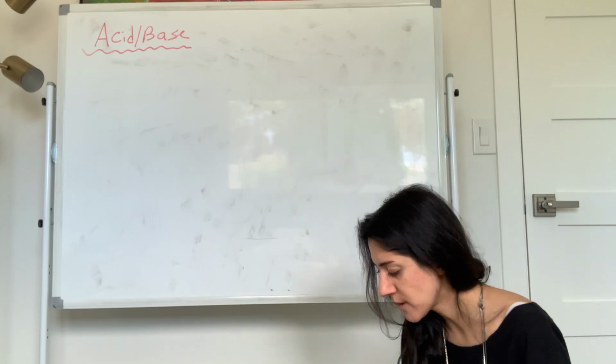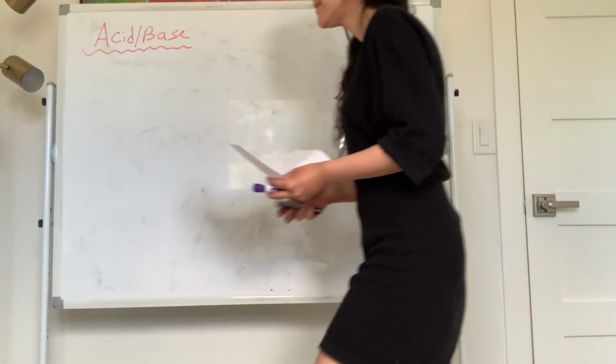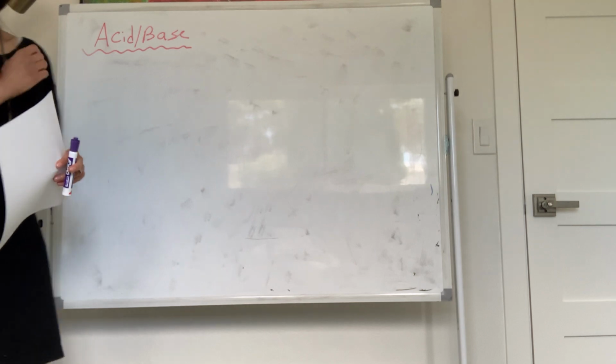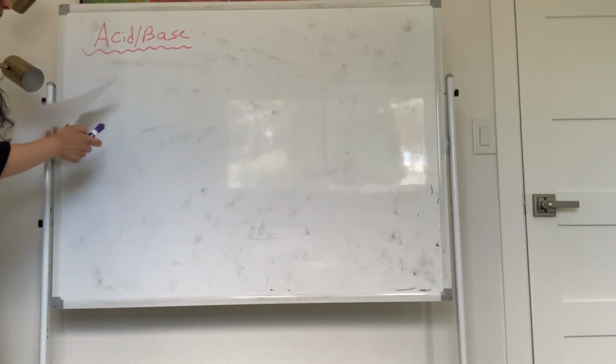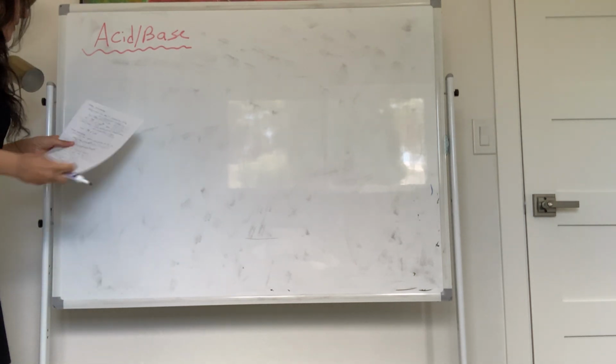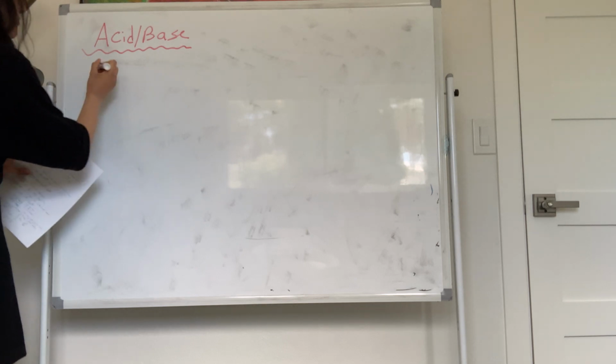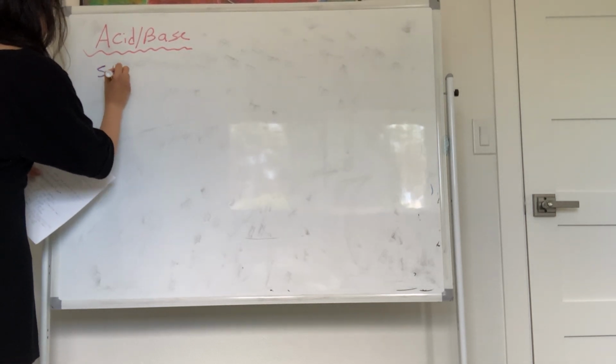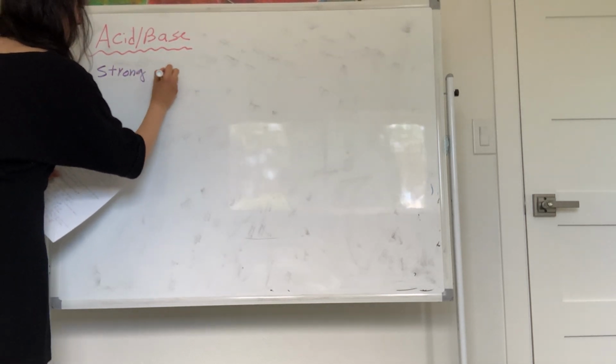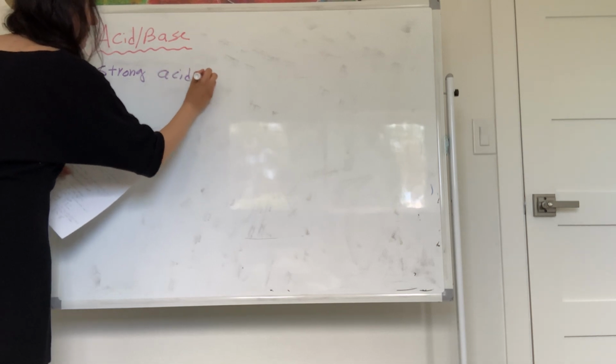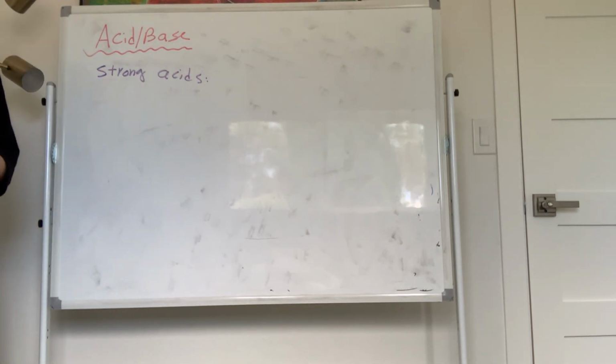Now, the next thing we're going to talk about, and hopefully a lot of it is review from Chem 1A, but I just want to go over it anyway. We're going to talk about a strong acid and a strong base. Okay? Let's talk about a strong acid first. What does it mean to be a strong acid?